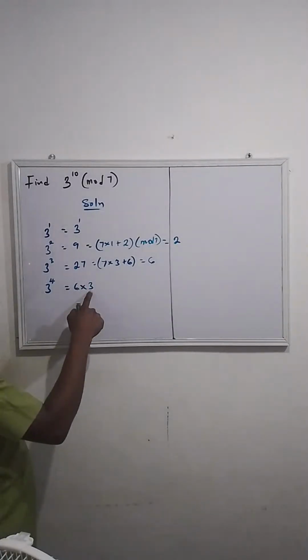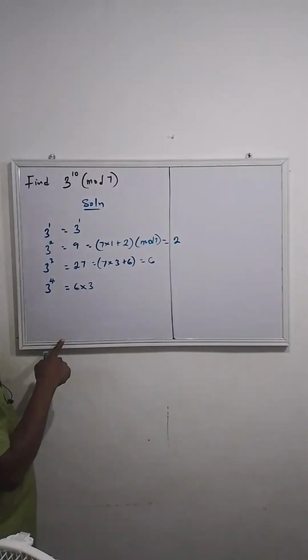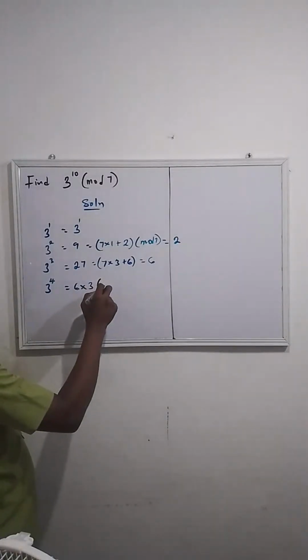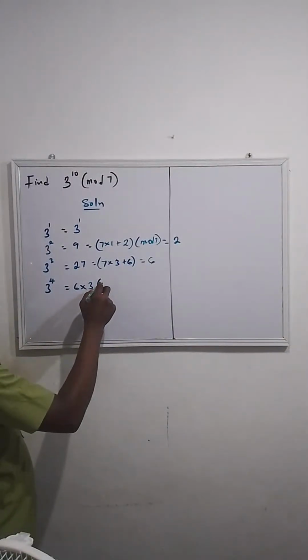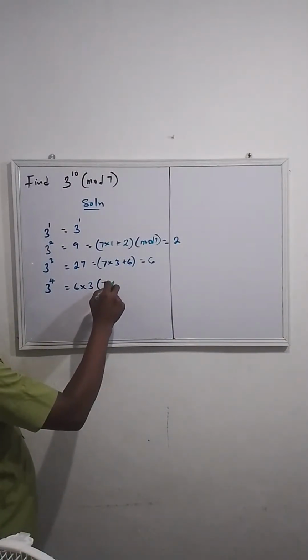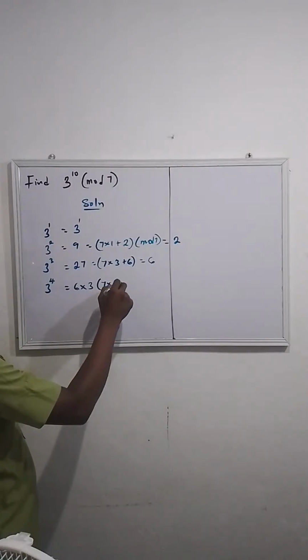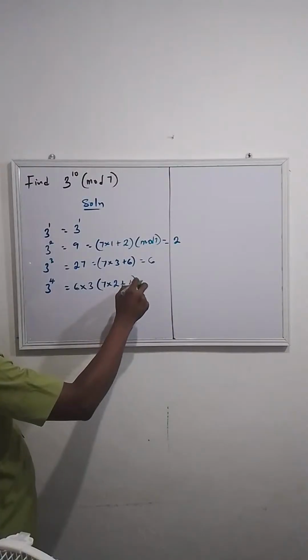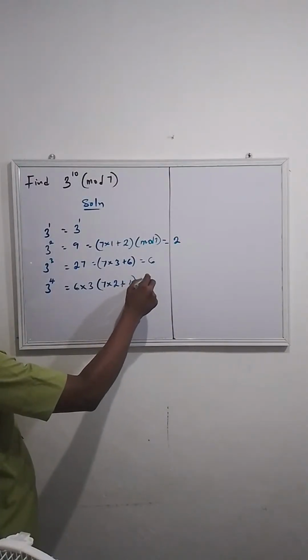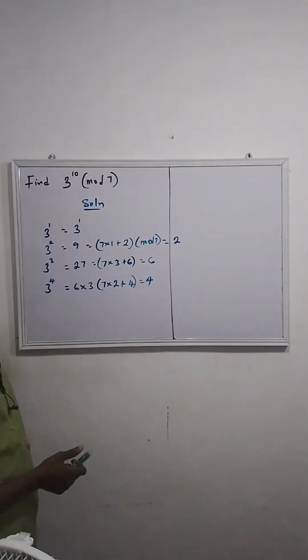When you multiply this, you have 18. And 18 in mode 7 is 7 times 2, that's 14, remainder 4. So the answer is 4.